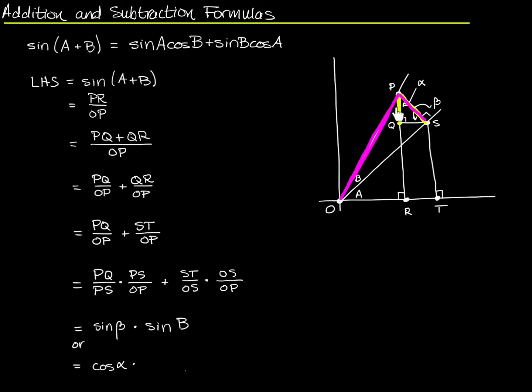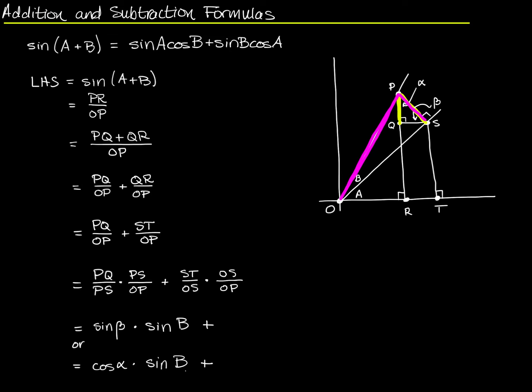That seems like it's going to be messy. I have to figure out what alpha is, and then I'll have to figure out what this is. And once I know what B is, I can subtract that from 90, and that's way too involved. If I don't have to do that, I'm not going to. So I'm just going to call this one the sine of B as well. In other words, I'm only going to interpret that one, PS over OP, one way.